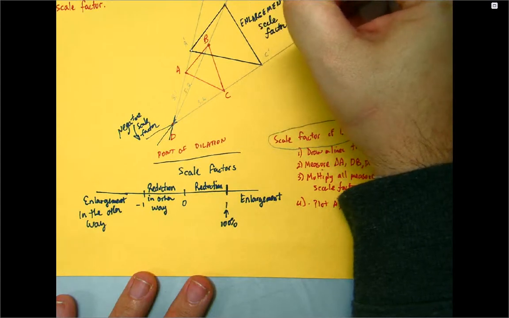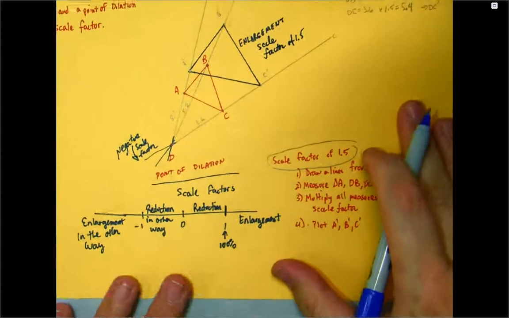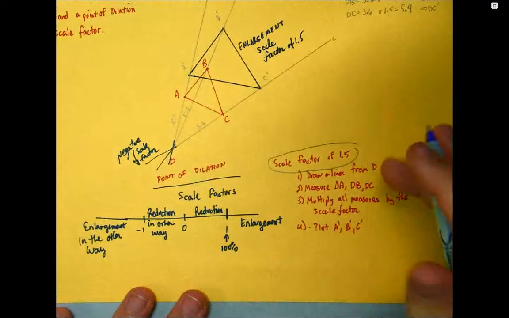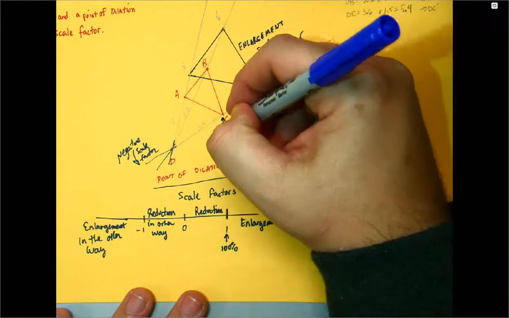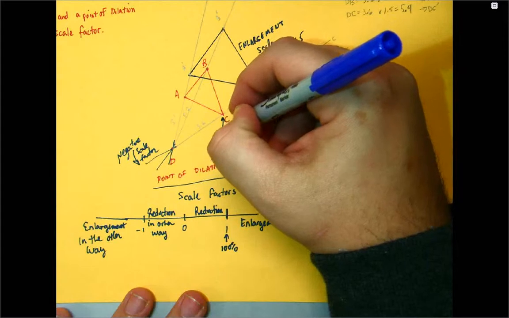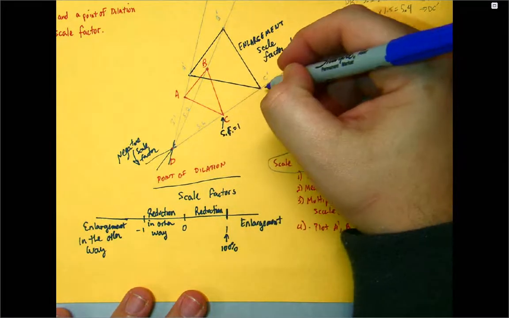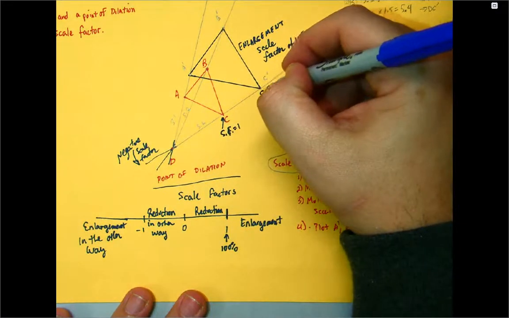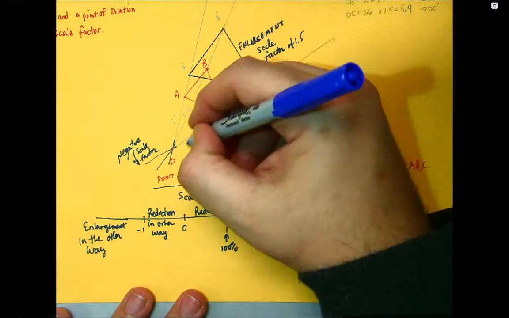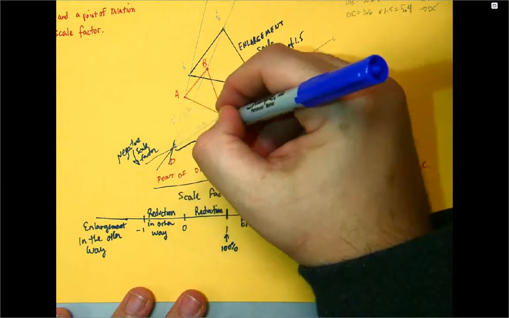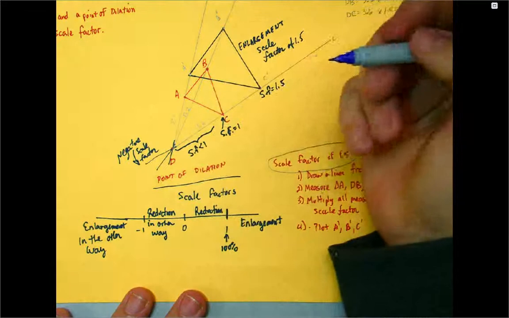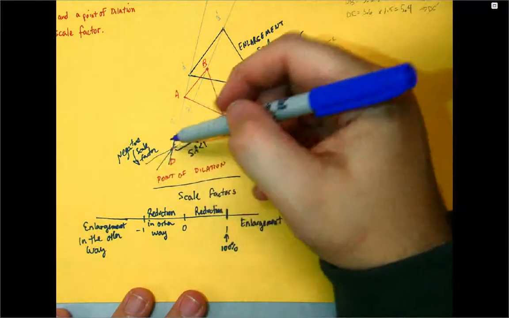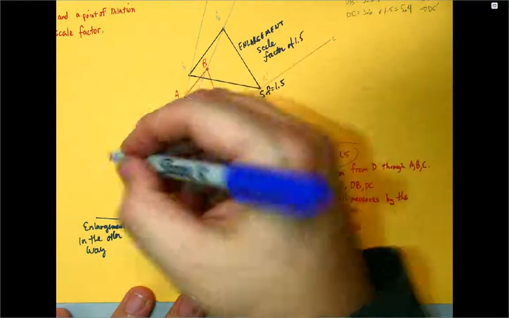If it was less than, this area right here, your scale factor is less than 1. If it's negative, it's just going to end up on the other side. Does that make sense?